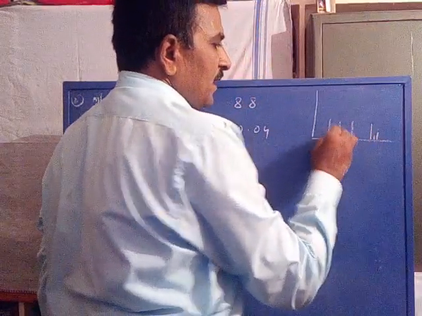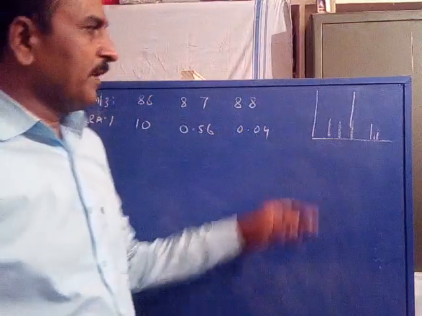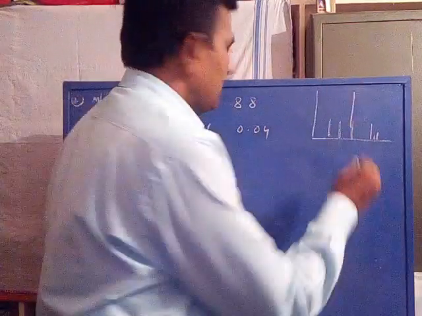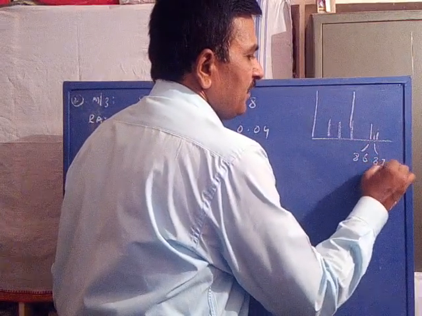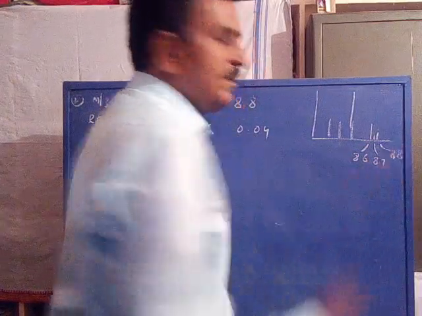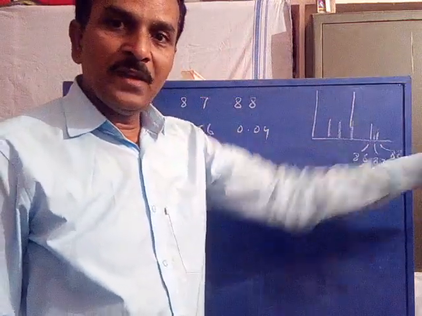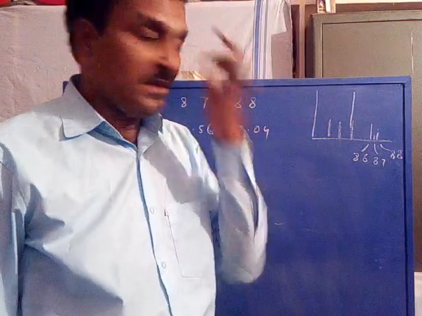Now, other daughter ion signals are in the spectrum. This is the spectrum, this is the base peak, and this is the series of signals 86, 87, 88.